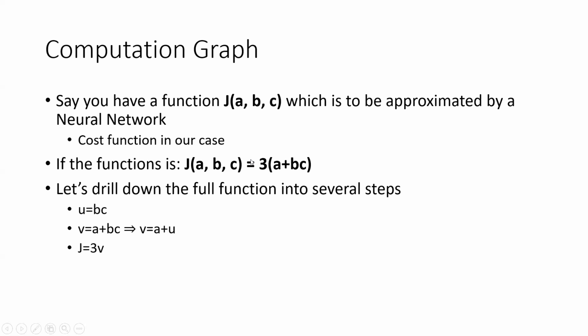J is 3 times v, so J equals 3v. Now we have constructed several steps where we take bc as u, v equals a plus u, J equals 3v. With these three smaller functions, you can construct a computation graph.